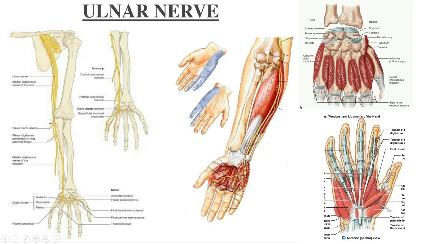After cutting the Osborne ligament, we can mobilize this ulnar nerve, which is accompanied by a small artery, and it gives two to three twigs to the elbow joint. Then it supplies the flexor carpi ulnaris, and also gives some twigs to the wrist joint.